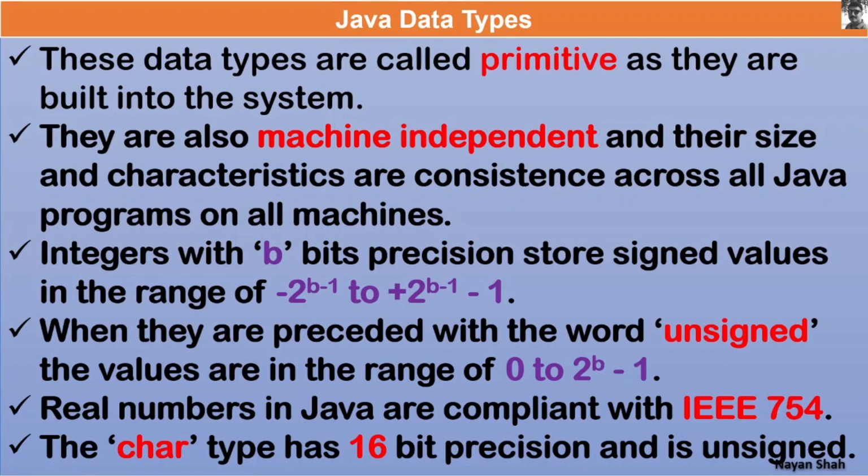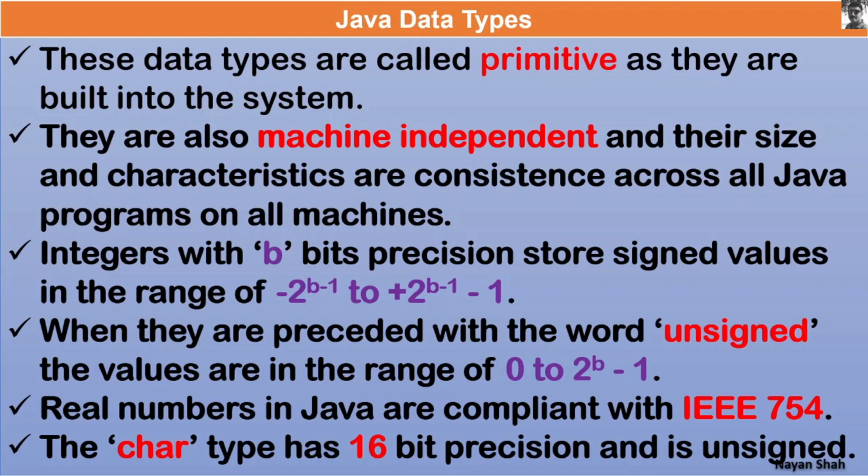Suppose you write unsigned byte. If you create a variable with the data type byte, the range is -2 raised to b minus 1 to +2 raised to b minus 1, whole minus 1. But if it is preceded with the word unsigned, meaning no sign is required and there are no negative numbers, then the range is 0 to 2 raised to b, whole minus 1.